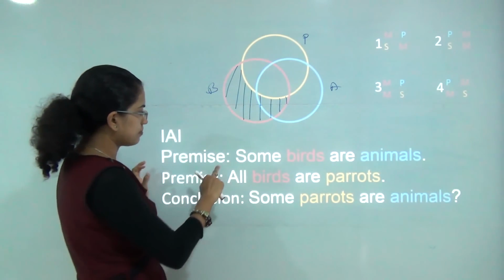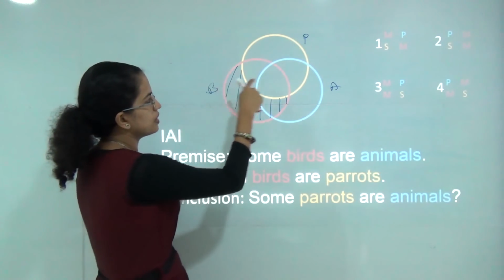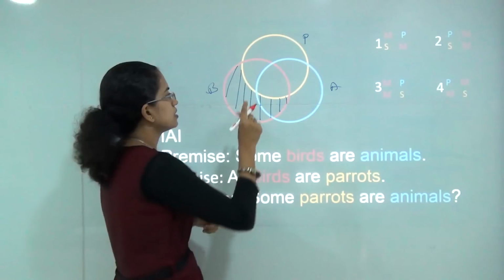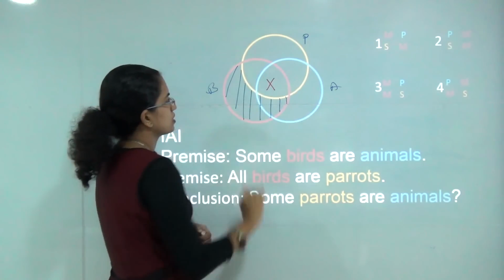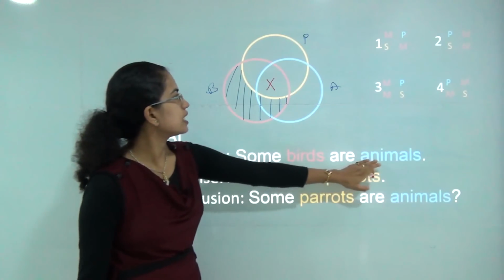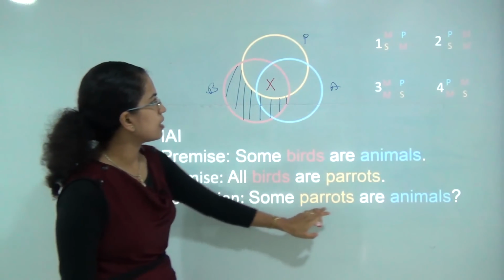Now my second premise says some birds are animals. So I have some birds which are animals. Here is the remaining section of intersection of birds and animals. So I can put some birds are animals here. Based on this, can I say some parrots are animals?